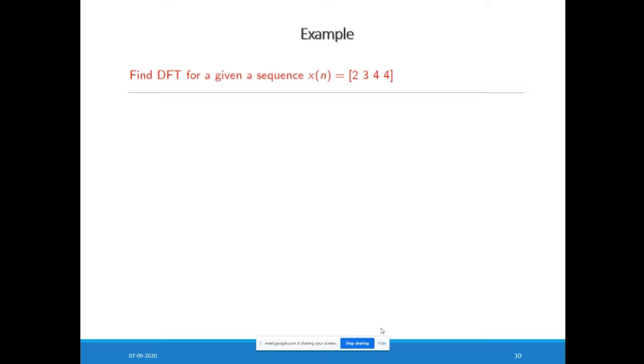Here a 4-point sequence is given, n is equal to 0, 1, 2, 3. So total 4 points are given, so this is an N-point sequence with N equal to 4, and we have to calculate the DFT for this.